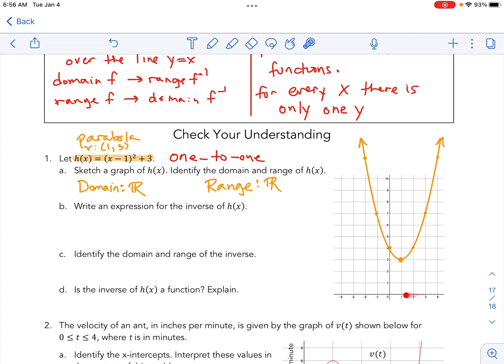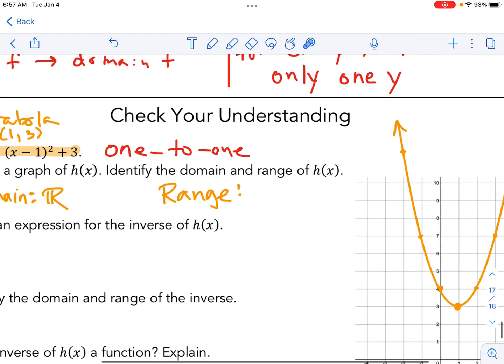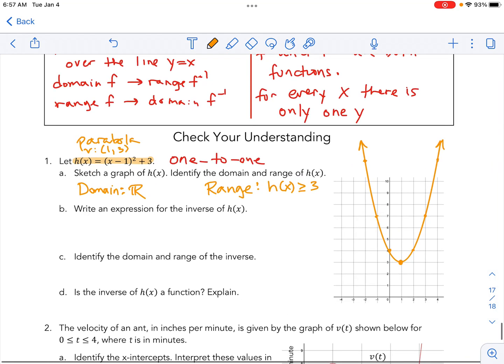We use this entire number line as this grows, and our range is not all reals. Wow, that's not true, because our range starts here. Whoops. Our range starts here at 3, and we use everything above 3. So our range is really all values greater than or equal to 3. So h of x has got to be greater than or equal to 3. That's our range.